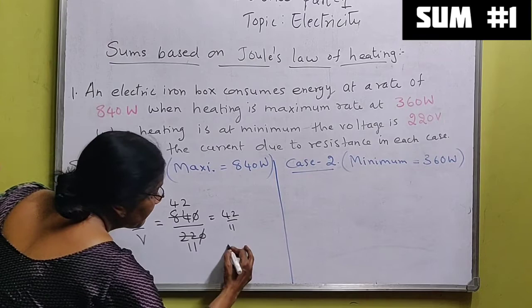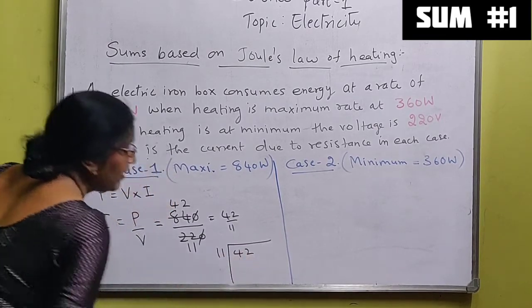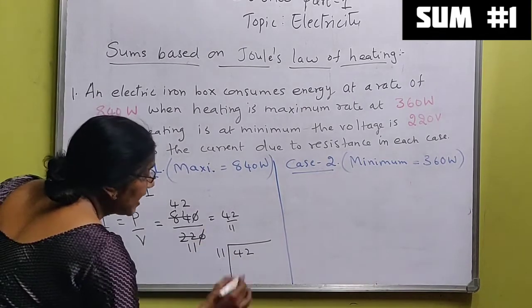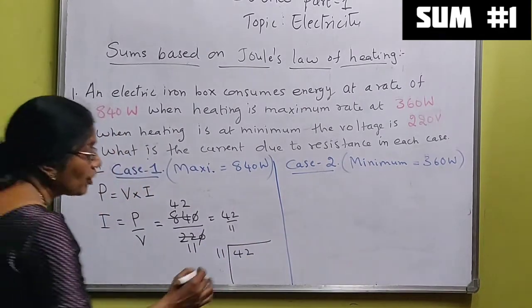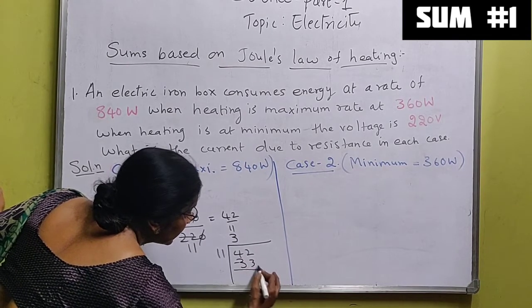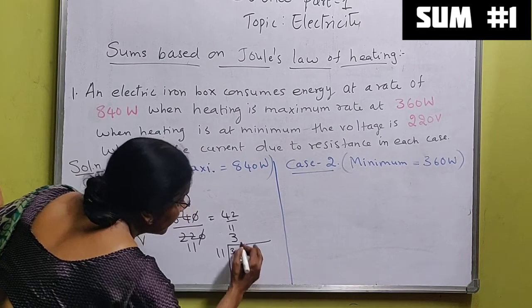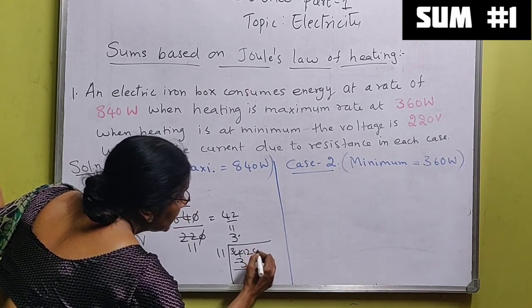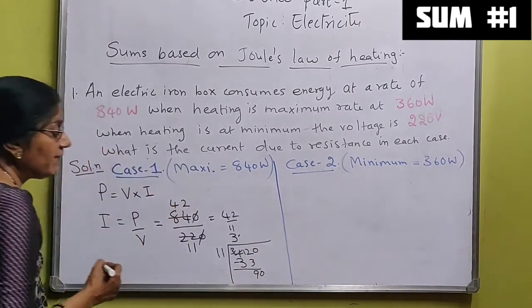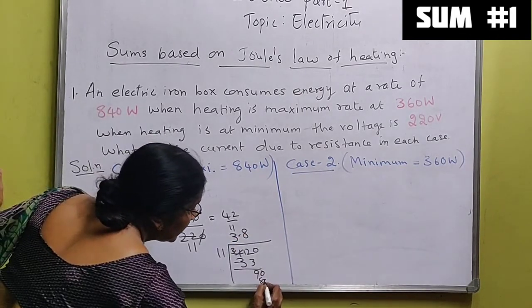Let us divide it. 11 threes are 33, 11 fours are 44, won't go. 12 minus 3 is 9. 11 eights are 88.